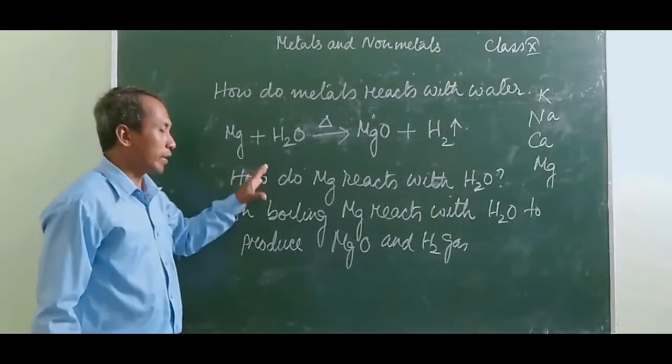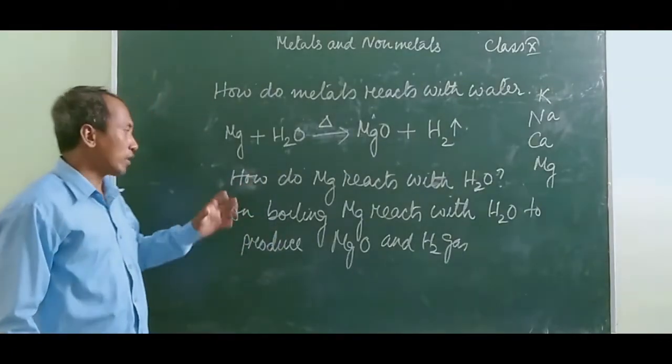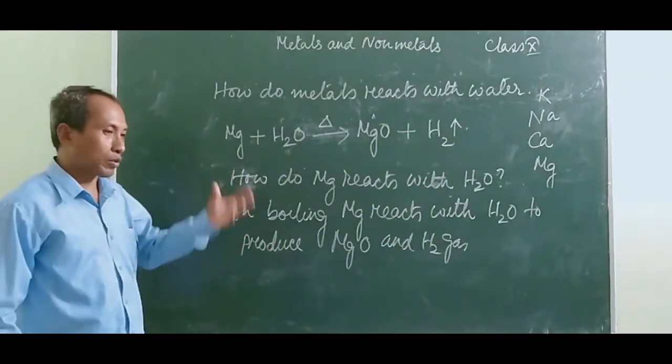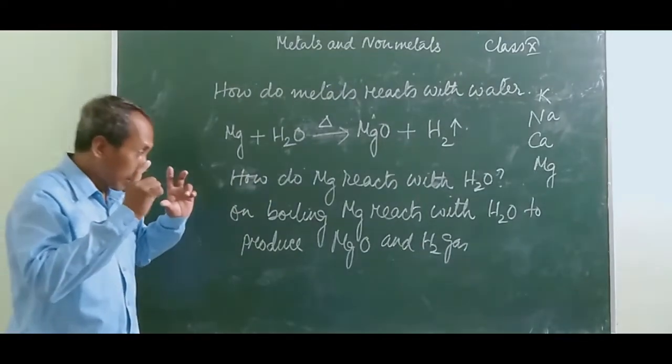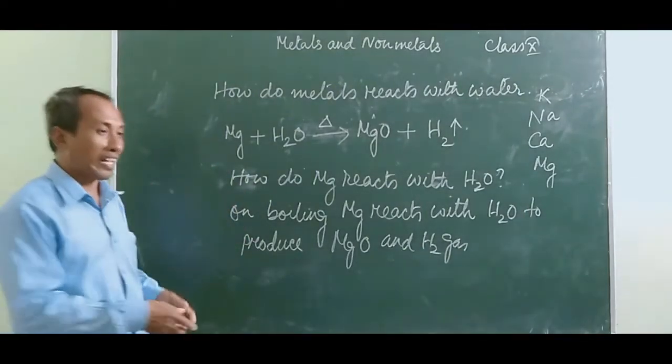how does iron react with water? Iron does not react with water on boiling. Iron does not react with water at normal temperature. The condition will be totally different for iron. Let us see.